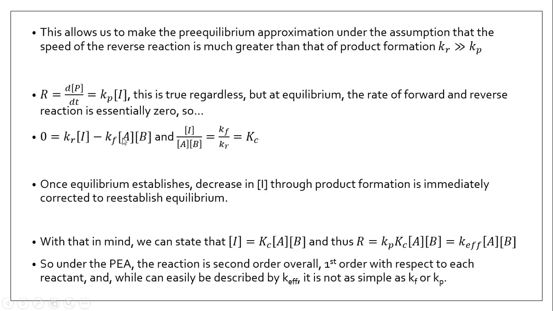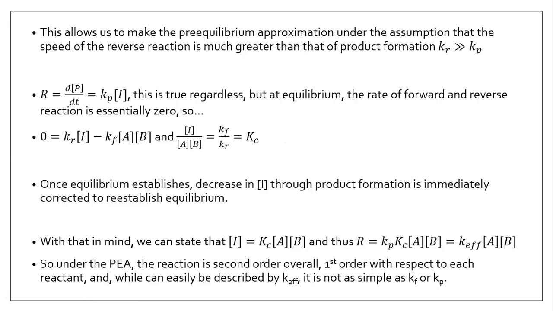Instead of including the products as well, we're going to say those are equal to 0 and solve for I in terms of A and B. So we're saying that I over A times B equals Kf over Kr, which is equal to our constant K, our equilibrium constant.